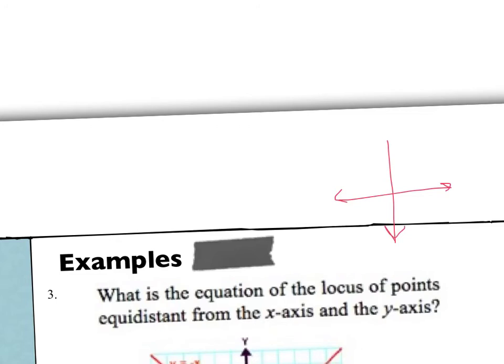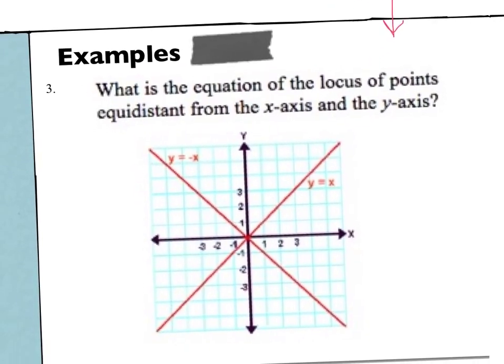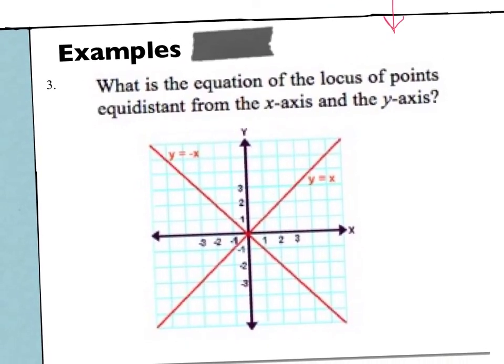So that means we're looking for the locus of lines that intersect. Therefore, we are talking about 2 lines. And just as we looked at before, the x-axis and the y-axis are here. And those 2 lines that would be the loci would be the line y equals x and the line y equals negative x.